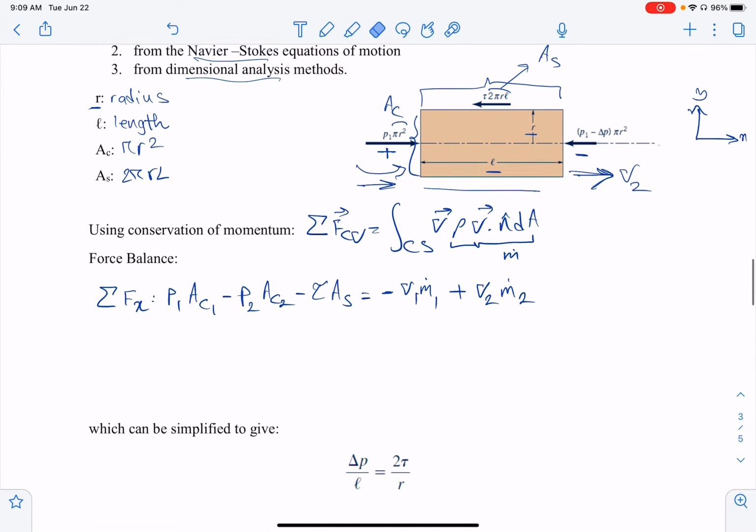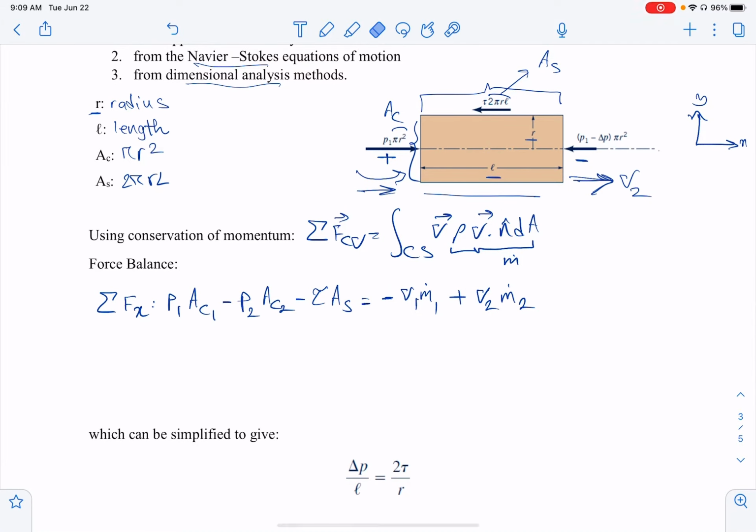So also, if we use the conservation of mass, one flow is going in and one flow is coming out, right? So it means that m dot 1 is equal to m dot 2.